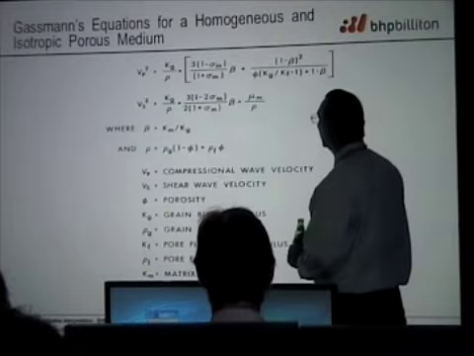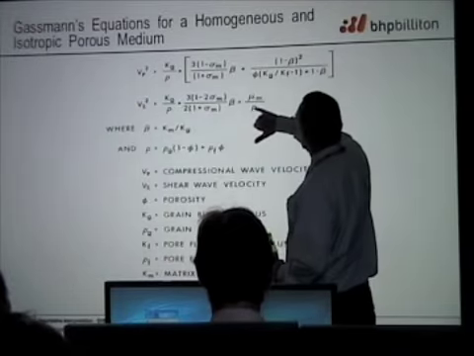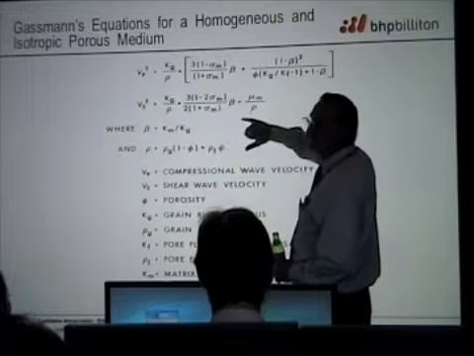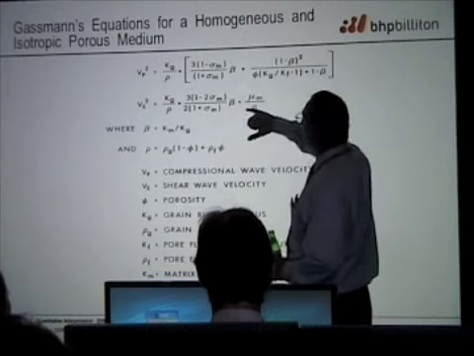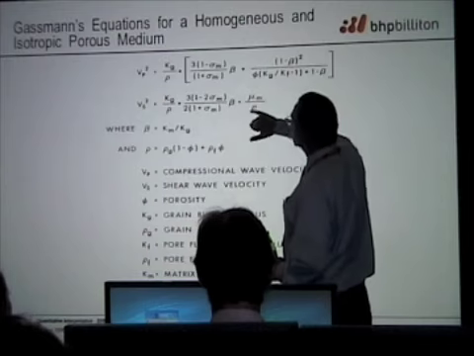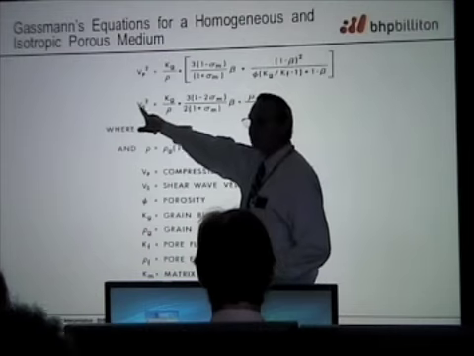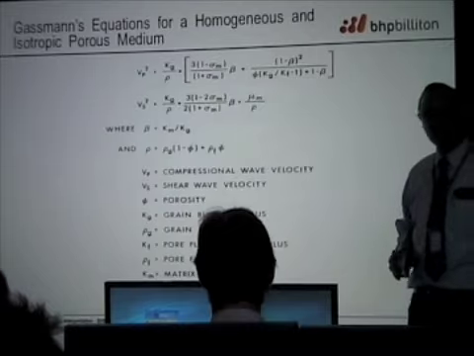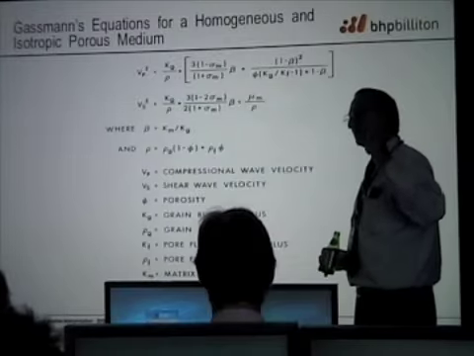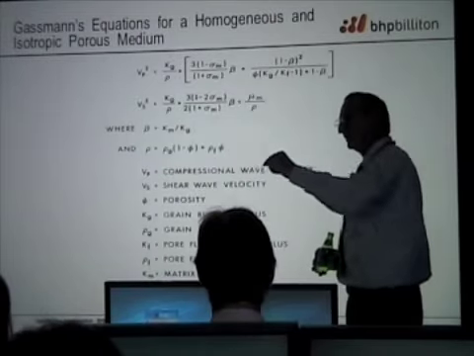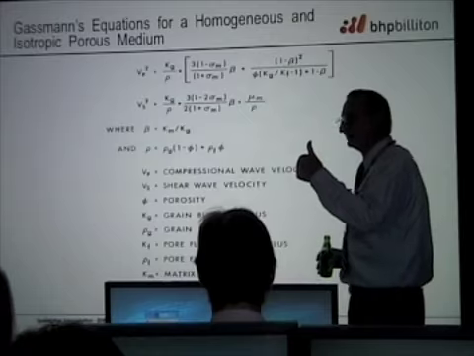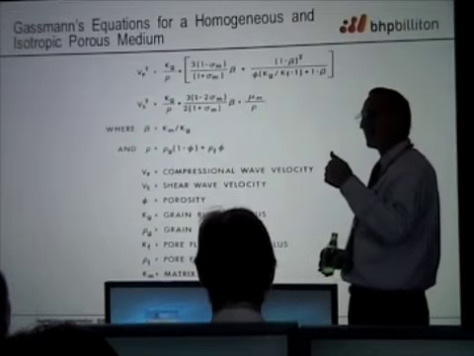Which way is it going to go? The density is going to go down when I put the gas or oil in for the water. It's in the denominator, so the shear velocity is going to go up. So when I substitute hydrocarbon for brine in porous rock, I expect the shear velocity to go up, if Gassmann's right, and not very much.